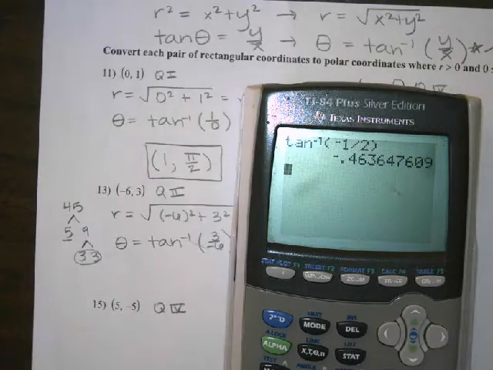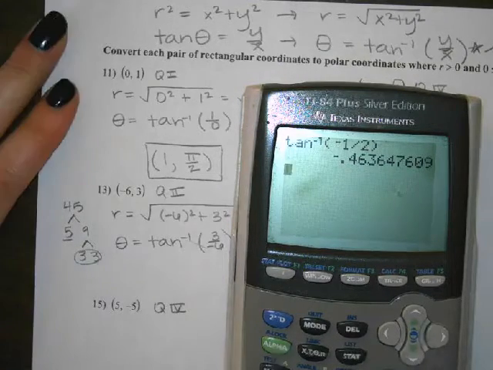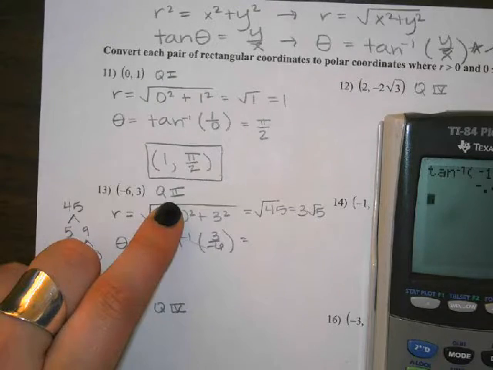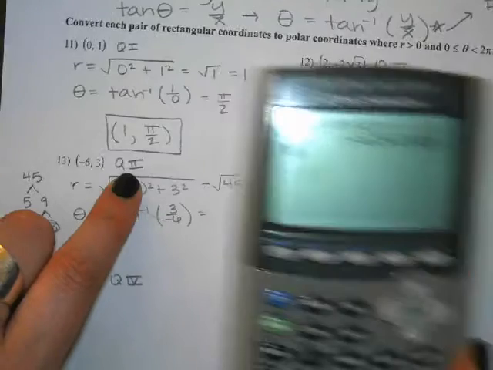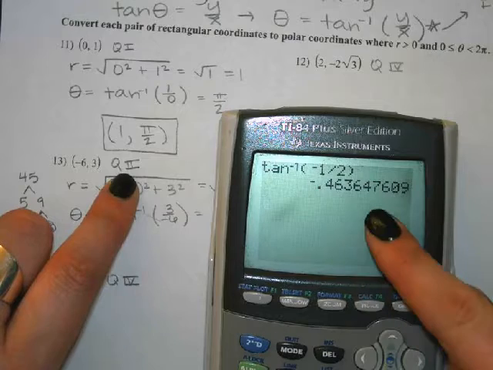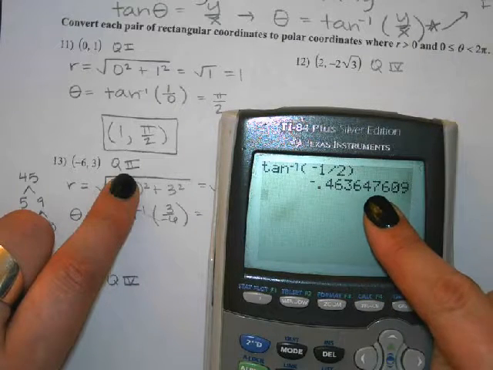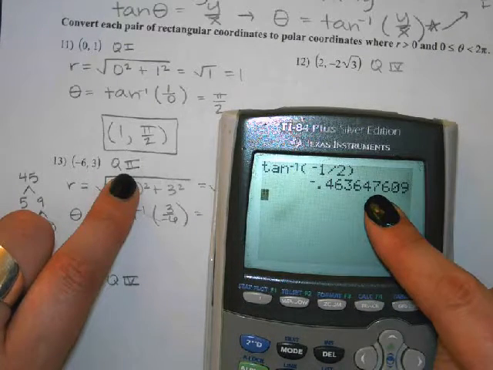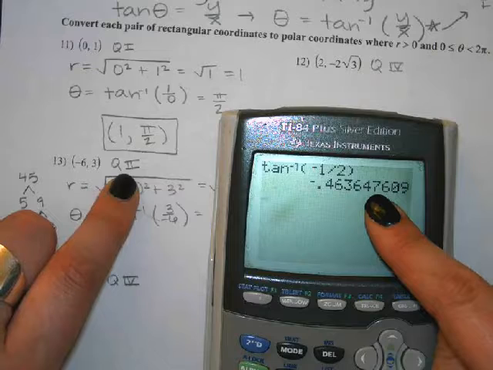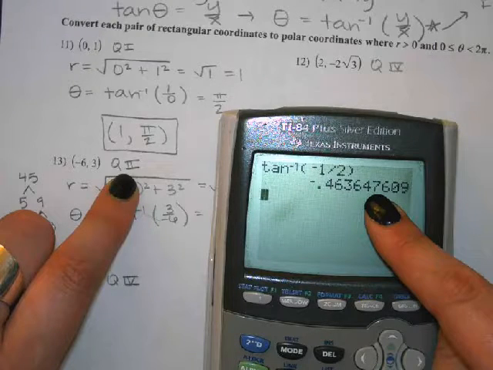And what I told you guys was the calculator always gives us an answer in either quadrant 1 or quadrant 4. We want our answer to be in quadrant 2. So can you tell which quadrant this answer's in? It's a slightly negative radian angle. It's either 1 or 4. It's in quadrant 4. Okay?